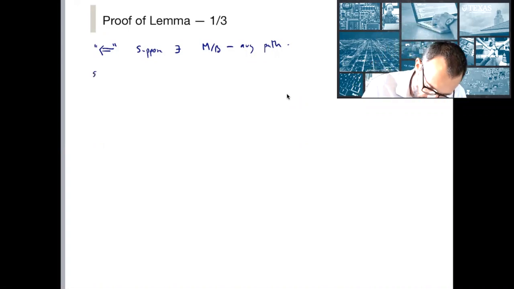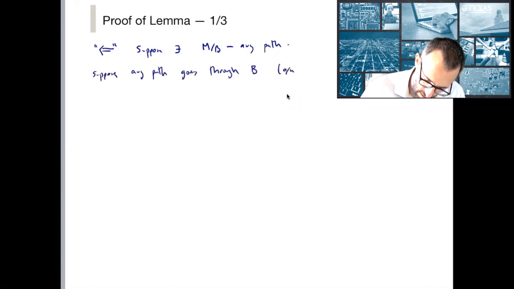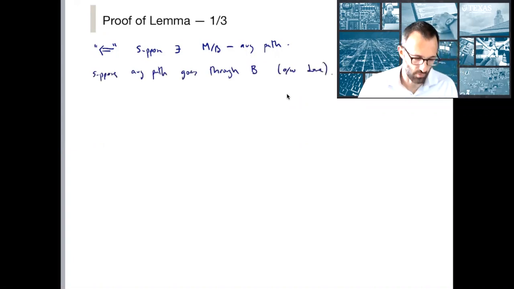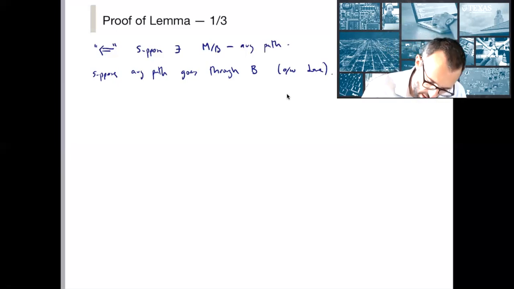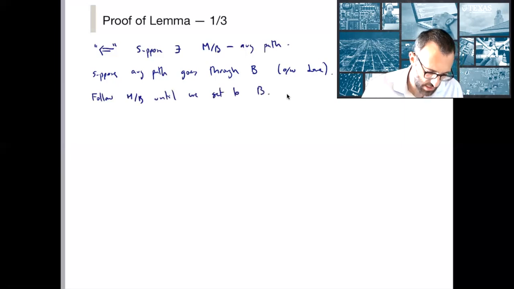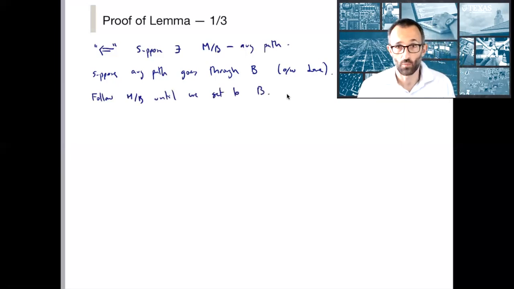So let's suppose that the augmenting path goes through B. Otherwise, we're done. And so what are we going to do? In order to create an M augmenting path in the graph, we're going to follow this until we get to B. It's kind of obvious. Okay, so now the question is, what are we going to do now?